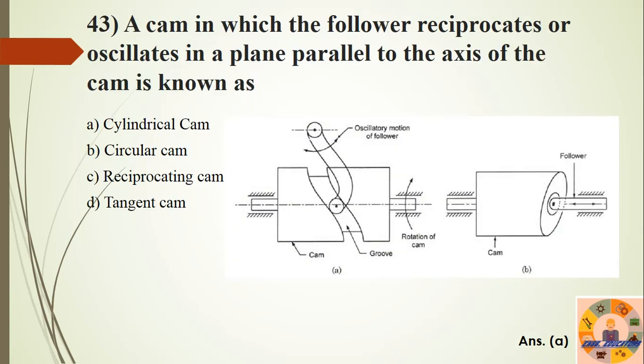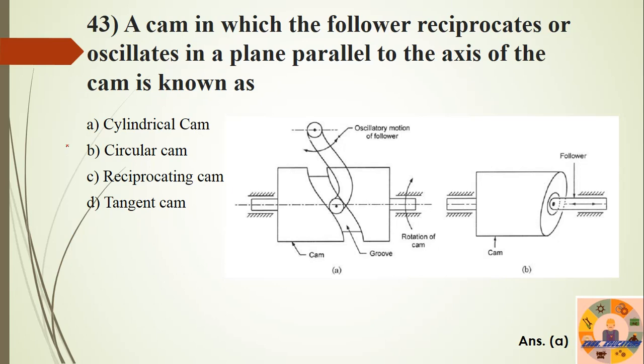Next question is a cam in which the follower reciprocates or oscillates in a plane parallel to the axis of the cam is known as. The options are cylindrical cam, circular cam, reciprocating cam and tangent cam.